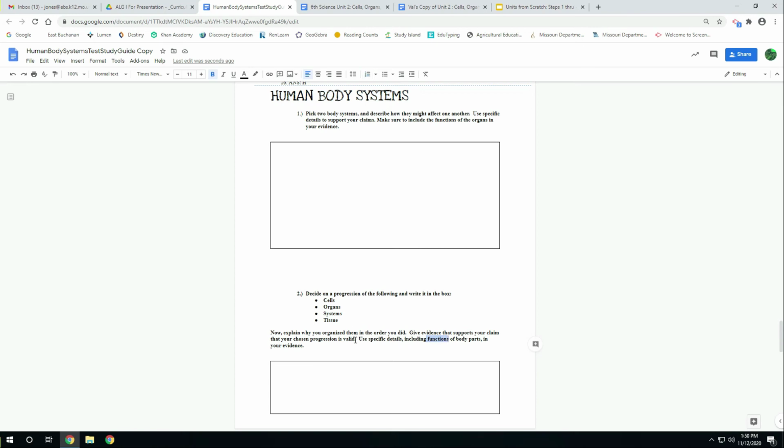In fact, I think developing claims and supporting them with evidence is probably one of the most important things we can have them do, regardless of what specific content pieces we're using. So I think this is a very good question that can either have them recall or make up their own. And so I think that would be good.